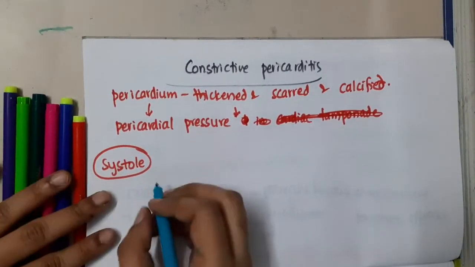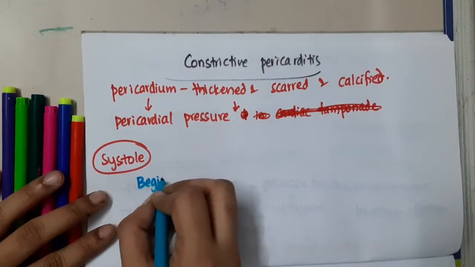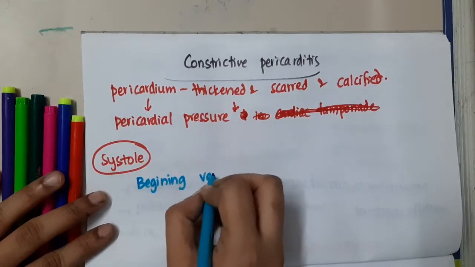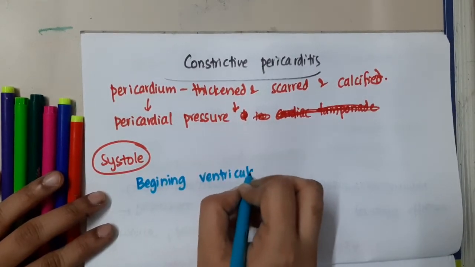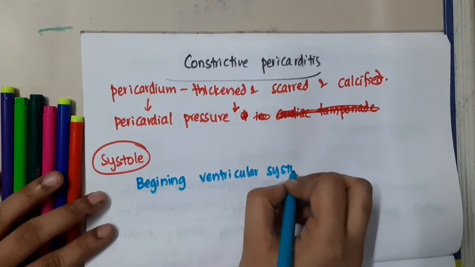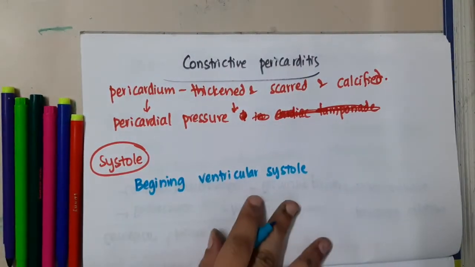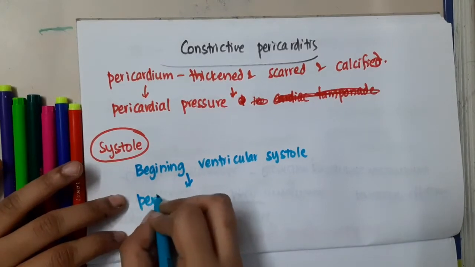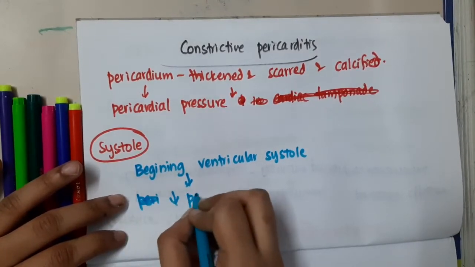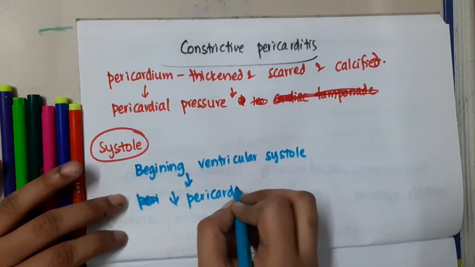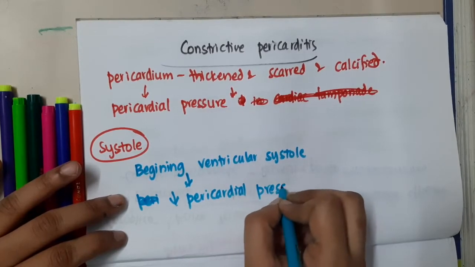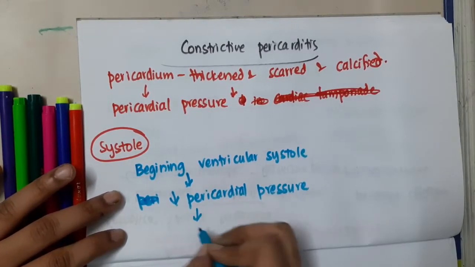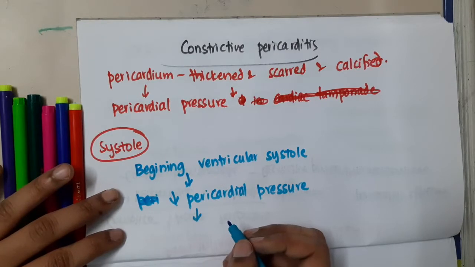Once there is beginning of ventricular systole, there is decreased pericardial pressure.